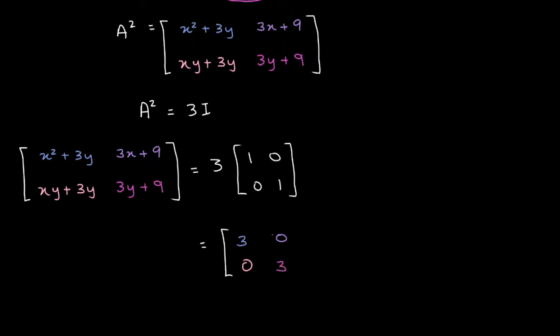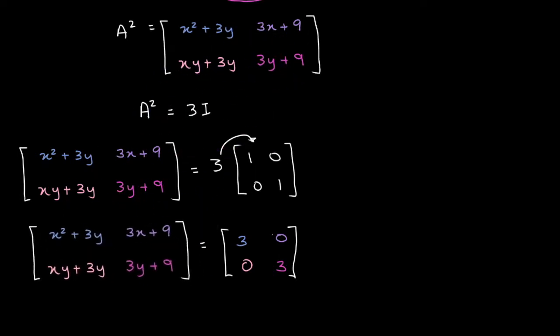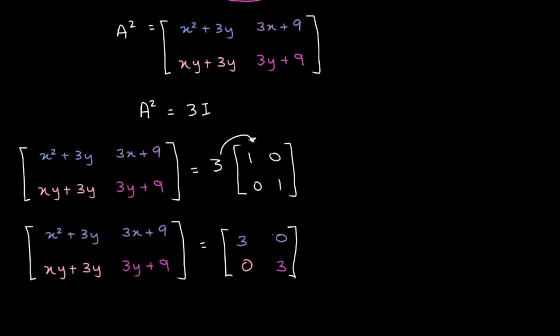What we've done is we've multiplied this 3 into the matrix. So remember, in scalar multiplication, each and every element gets multiplied by 3, and this here is equal to the matrix A square. So we know A square is equal to this matrix given to us.